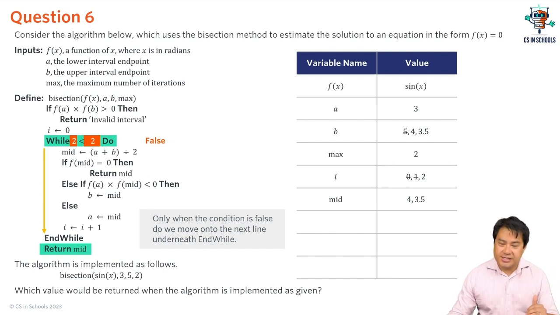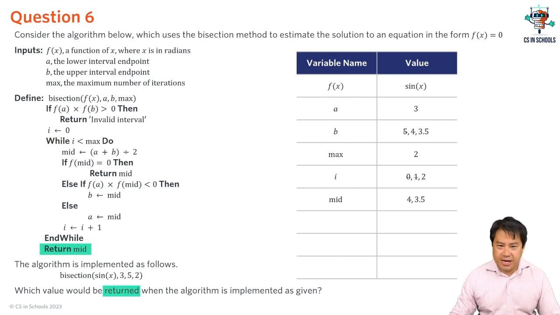So we go to the next unindented line that's underneath the while statement, which is return mid. So what return means is that whatever value or expression follows return will be given back to whatever called the function. So here we've got return mid. So let's evaluate mid.